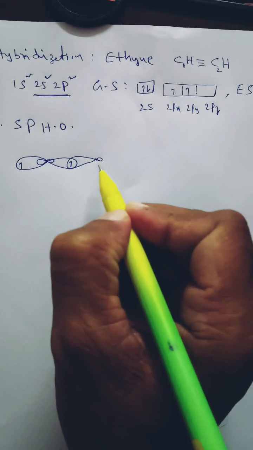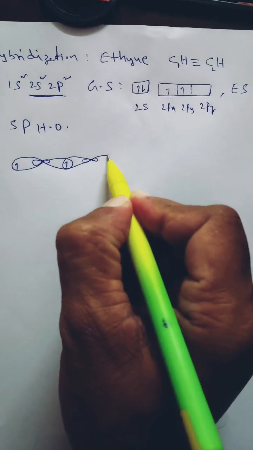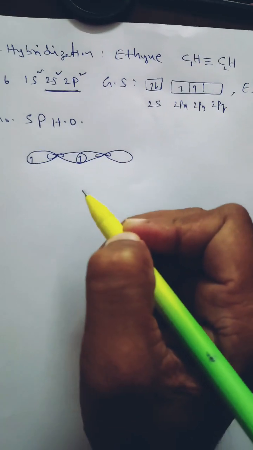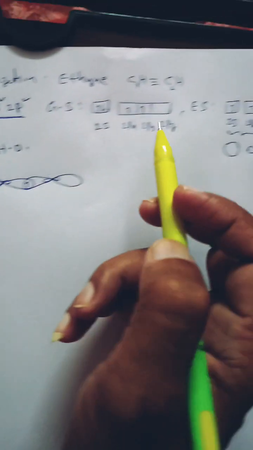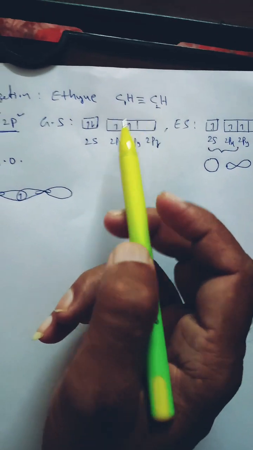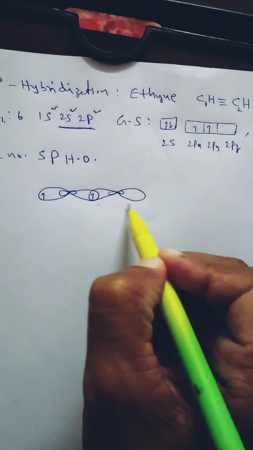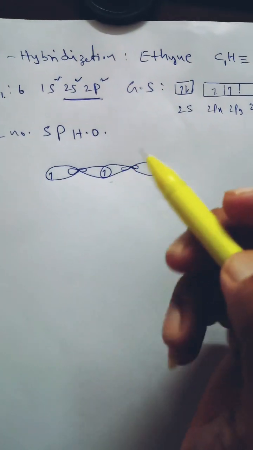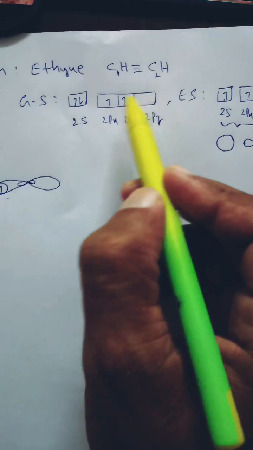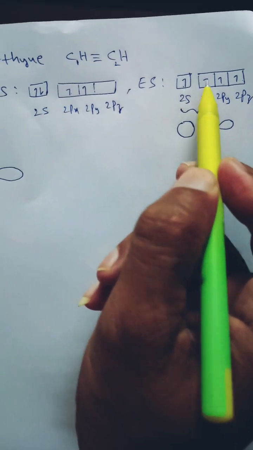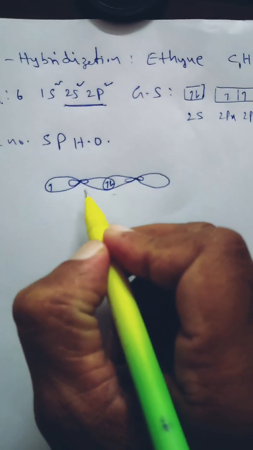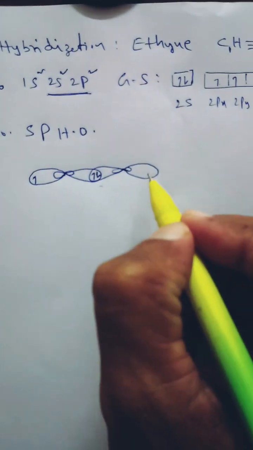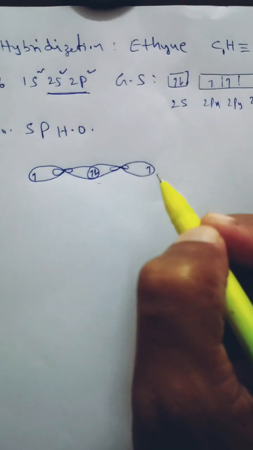One is this hybrid orbital, another is this sp hybrid orbital for C2, and for C1 the hybrid orbitals are these two. In C2 also, like C1, one electron forms a bond with the already existing C1 hybrid orbital, and another electron will remain here like this.